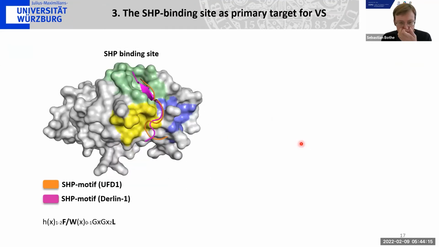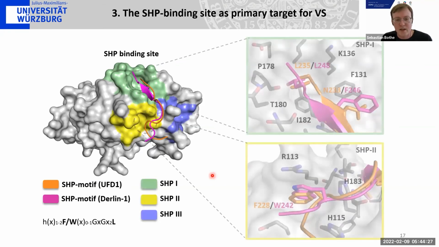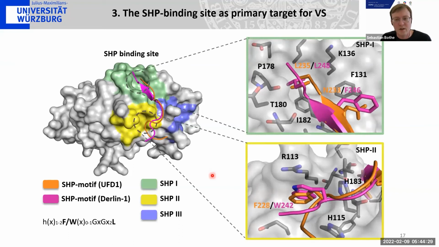Based on this structural analysis, we chose the SHP binding site as the most attractive target region for small molecules, where there are three interesting binding sites. First, the SHP1 binding site, where a conserved lysine of cofactors binds, and also some interactions between the backbones of the cofactor and P97 happen. Second, the SHP2 binding site, here in yellow, where more aromatic residues of the cofactor bind.